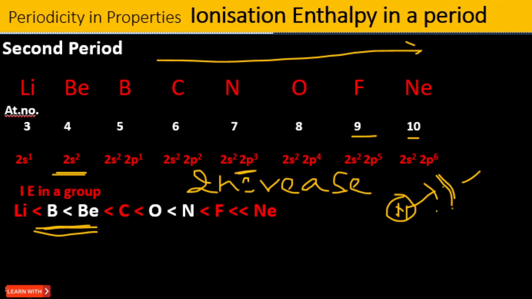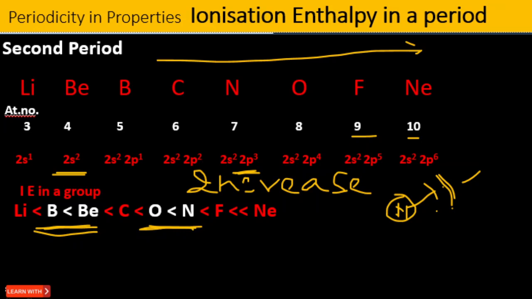It has 2p3, a half filled p orbital. So this is more stable than oxygen, which has 4 electrons in the 2p orbital. So oxygen has less ionization enthalpy than nitrogen. In the second period, these are the two anomalies. You have to remember them.